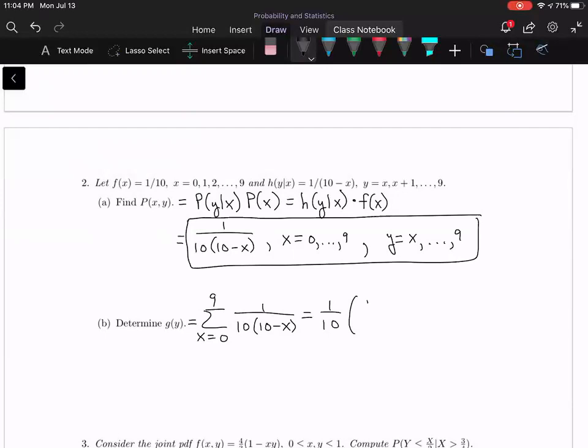So when it's 0, this is 1/10. When it's 1, this is 1/9. And when it's 9, it's 1.